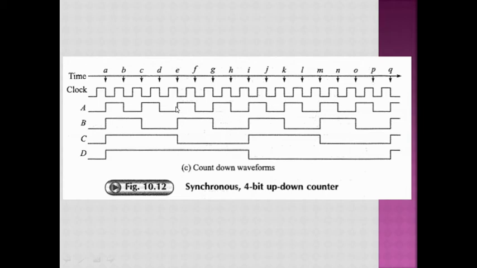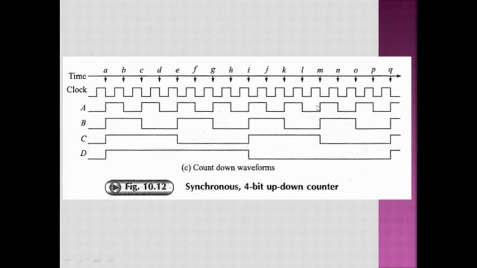The same kind of waveform you can see for flip-flop C. Whenever A is low and B is low, then on the next negative edge of the clock pulse, flip-flop C is going to toggle. Again, prior to instant E, when A is low and B is low, on the next negative edge of the clock pulse, flip-flop C toggles. Again, prior to I, A is low, B is low, so at instant I flip-flop C toggles.